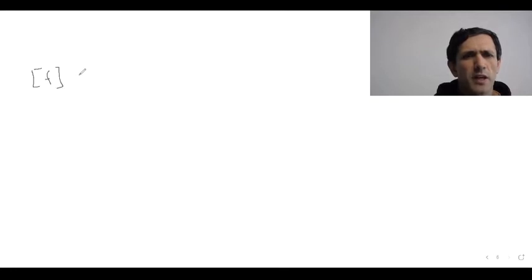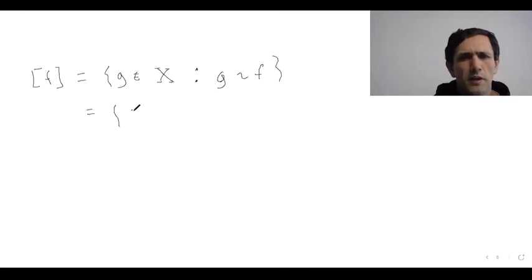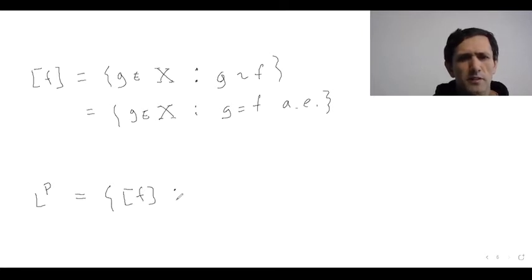So if F is in script X, you define the equivalence class as you always define equivalence classes: just the set of all elements in your vector space that are equivalent to your given F. Of course, being a little bit redundant, this is the set of all G where G equals F almost everywhere on R. So you define your new vector space as just the set of all equivalence classes.